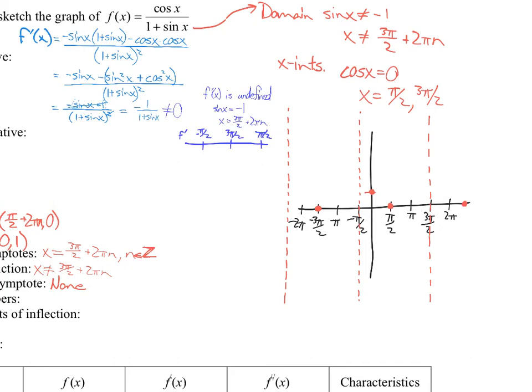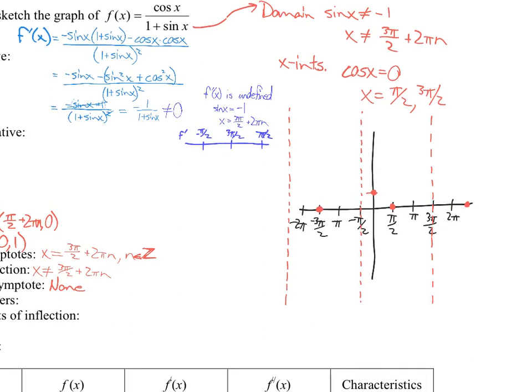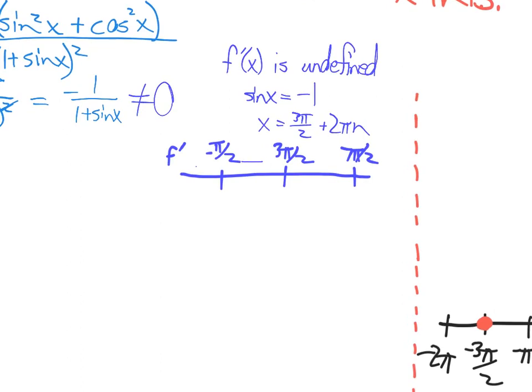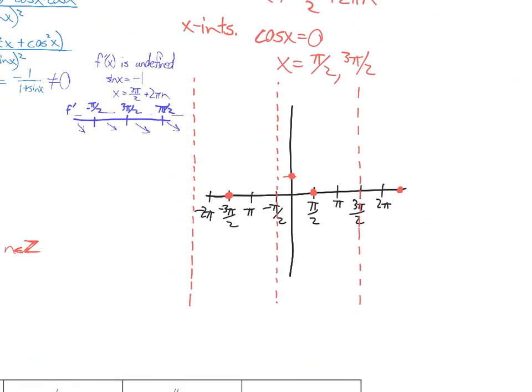So no matter what I plug in here, my derivative is going to be negative on all of these intervals. Now, I don't have a bunch of plateaus, I have a bunch of asymptotes. And that's why this thing here is going to look like this.